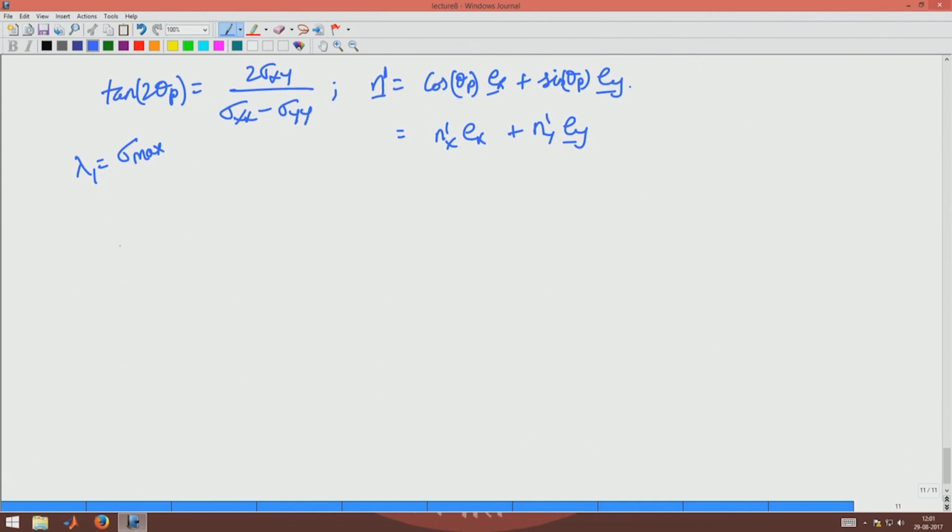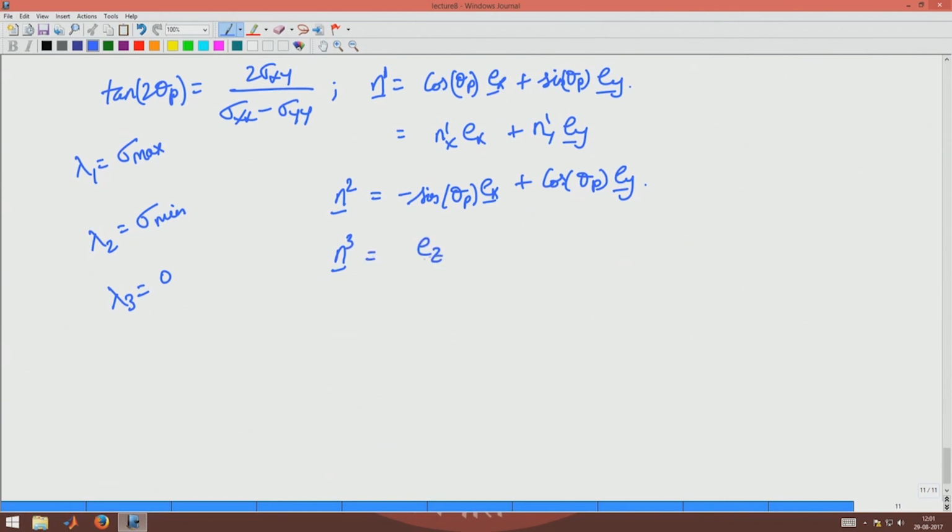Similarly, if I substitute lambda 2 to be sigma min, I will get the n2 vector, which will be minus sin theta p Ex plus cos theta p Ey. If I substitute lambda 3 equal to 0 and solve, I will get n3 as the Ez vector. So, these are the principal directions for the plane state of stress.